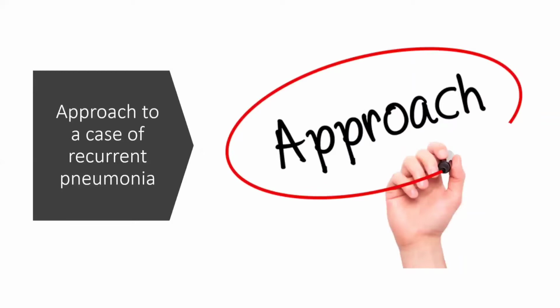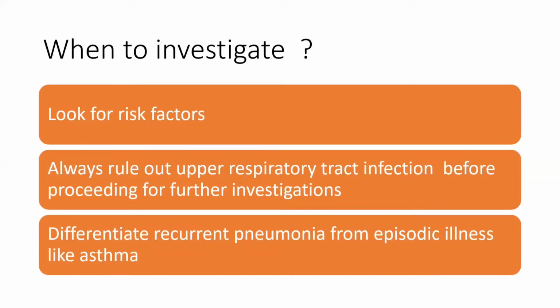Now, starting with approach to a case of recurrent pneumonia. When should we investigate the patient for underlying etiologies? Before proceeding for further investigations, we should always look for the risk factors which predispose the patient to recurrent chest infections. Since upper respiratory tract infections are common in the childhood age group, before proceeding for further investigation, we should always rule out URI.